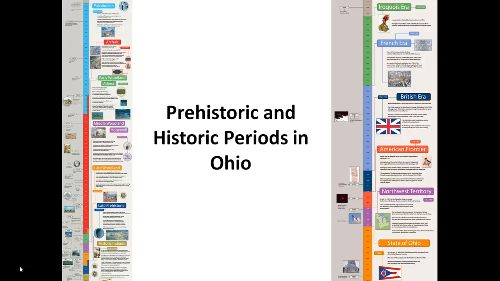It then is followed by different historic eras, the French era, the British era, the American frontier, the Northwest Territory, the state of Ohio, as different political and economic processes transformed human societies that occupied this same region. When lacking written records, archaeology is the type of evidence that is used in order to understand these transitions in the past.